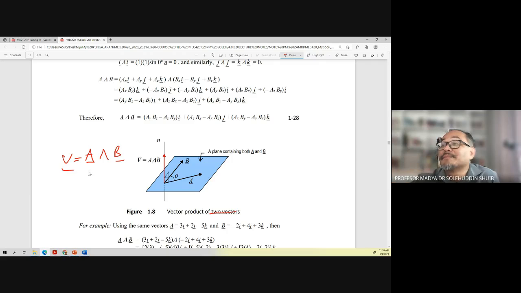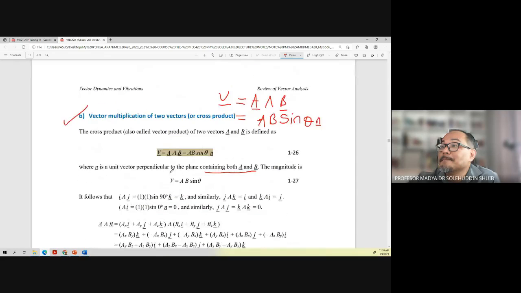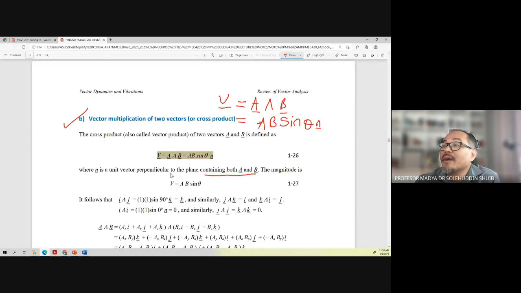How to find the value of i cross j, the one that I have shown just now? So i cross j, j cross k, k cross i. I cross j equals k because it is perpendicular, which is 90 degrees, sine 90.